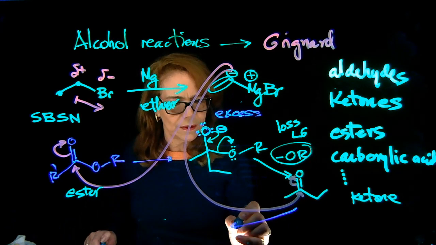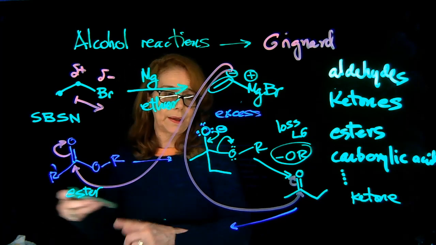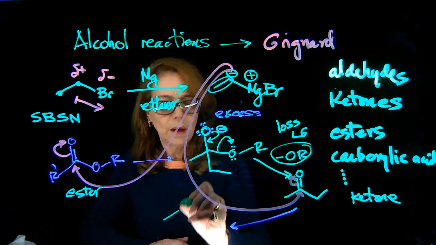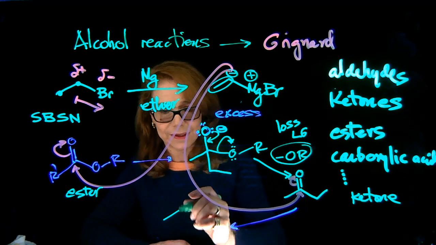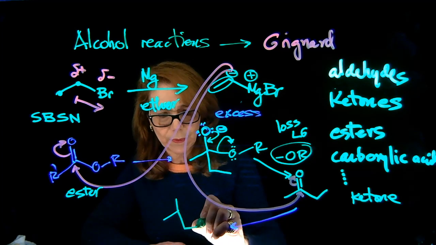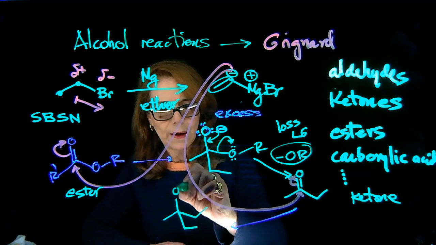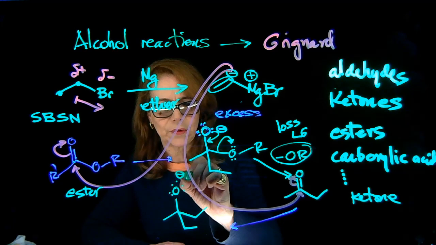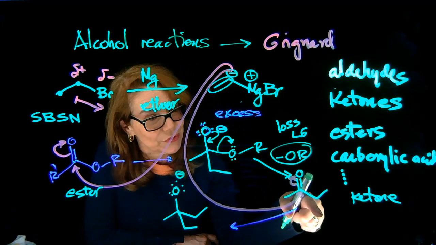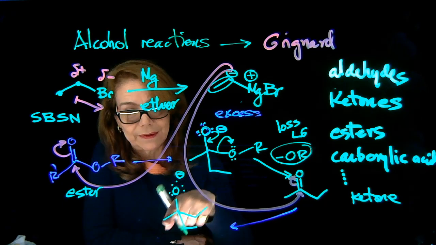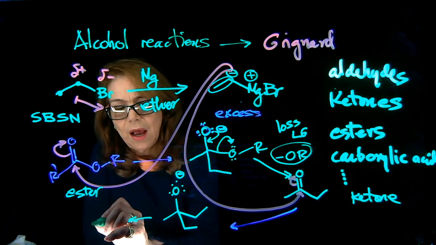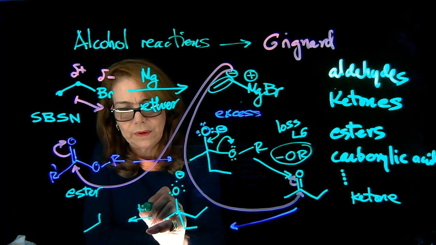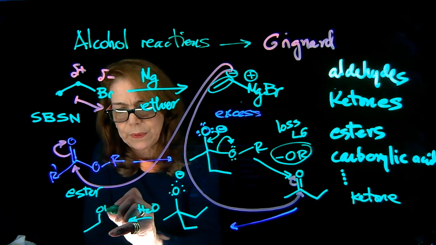The product of that reaction is an alkoxide. Remember, we're adding a Grignard reagent that has two carbons, so we're adding another ethyl group. And this is the alkoxide that you're making. You started from a ketone, so this is tertiary. At the end, you're going to have a tertiary alcohol after the protonation step.